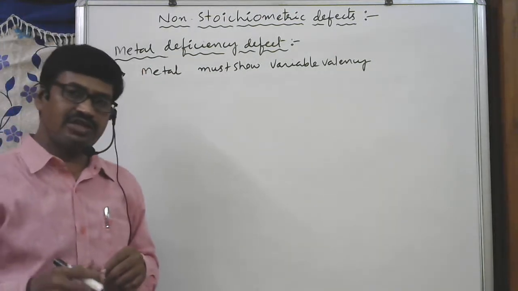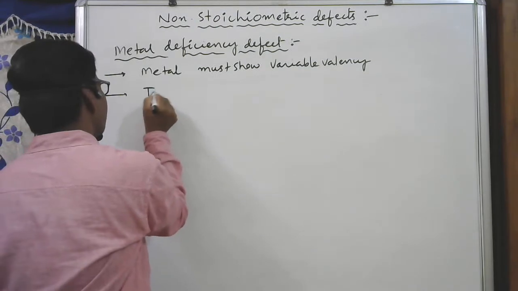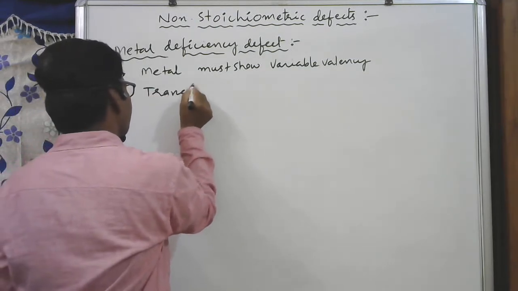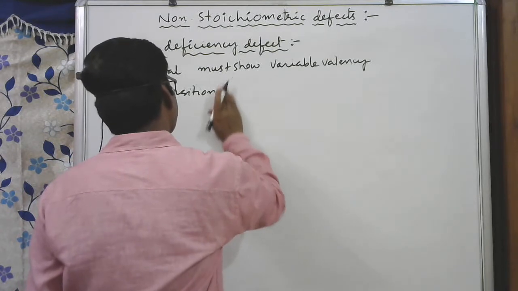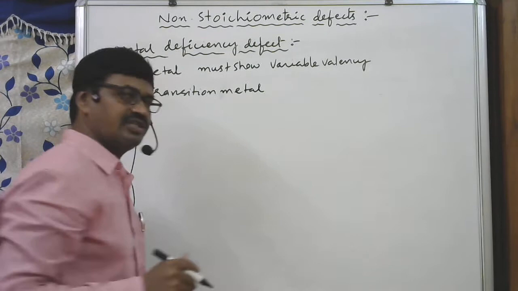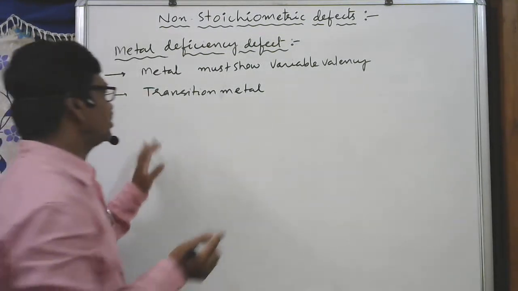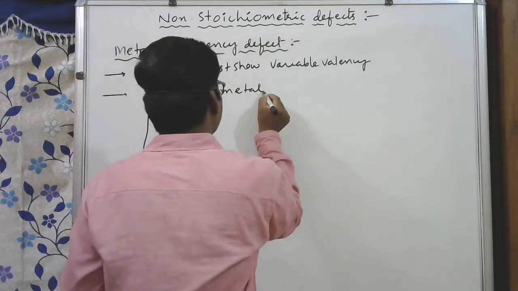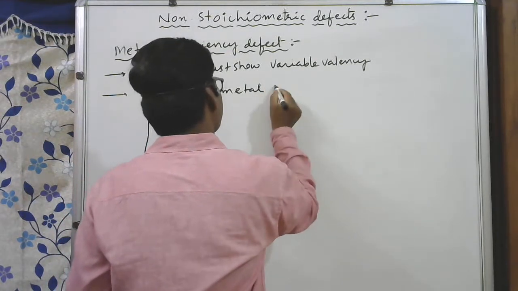Generally, more than one valency means it is related to transition elements. Transition metals in their different compounds show variable valencies, so this is applicable for transition metals and their compounds.